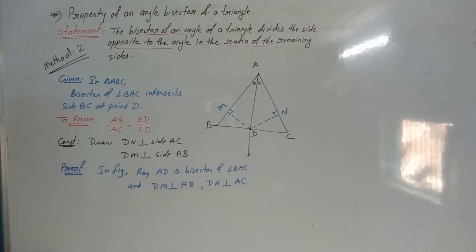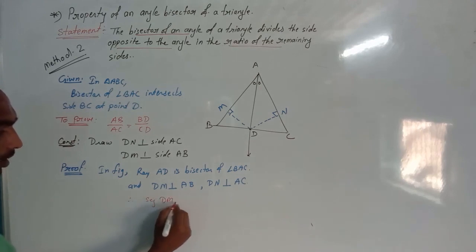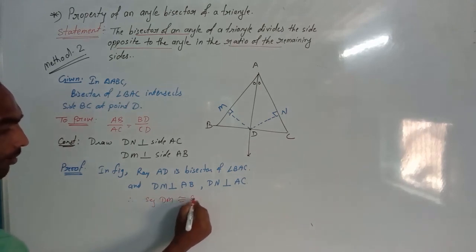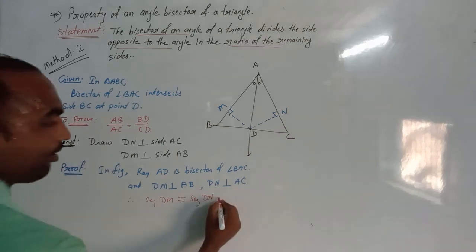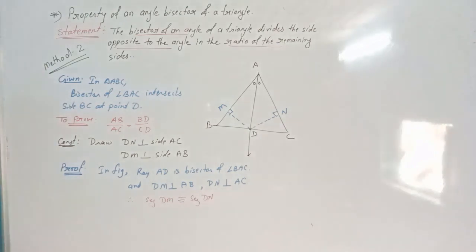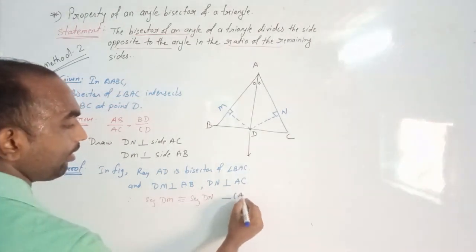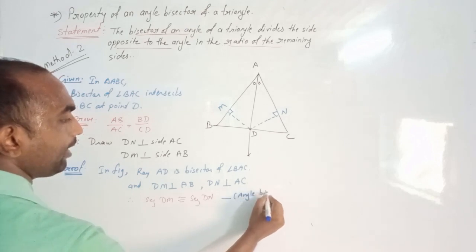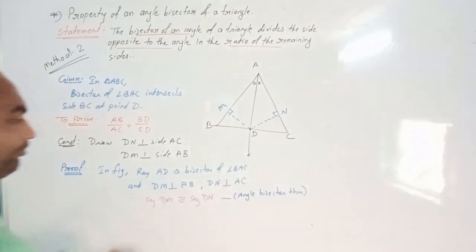So here what we will write? So therefore segment DM is congruent to segment DN. Reason is what? Angle bisector theorem.